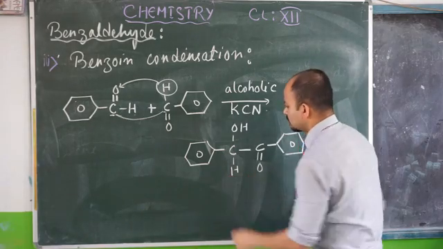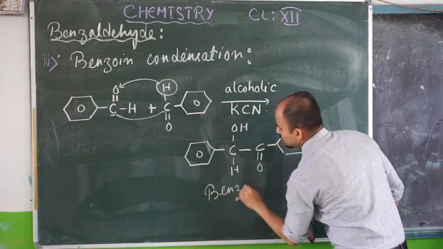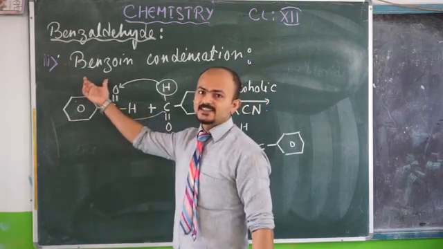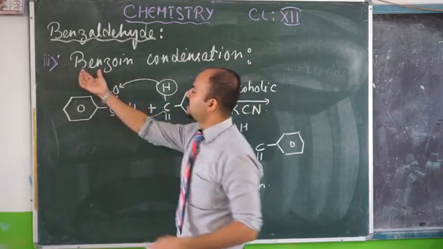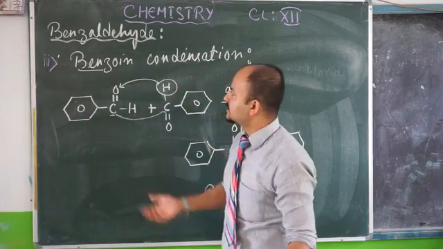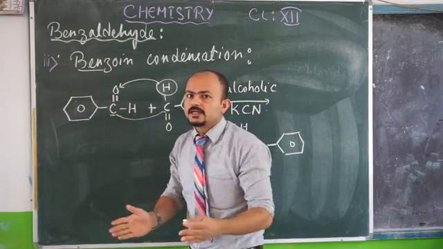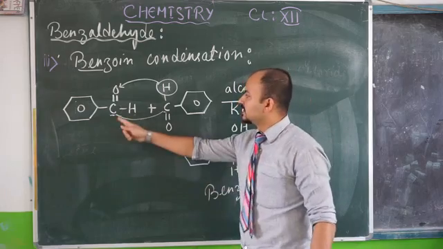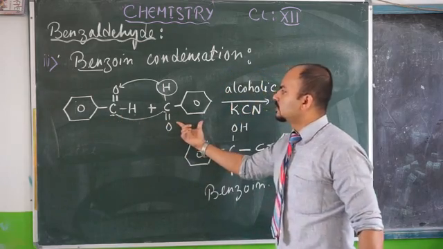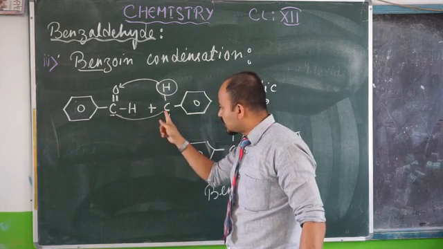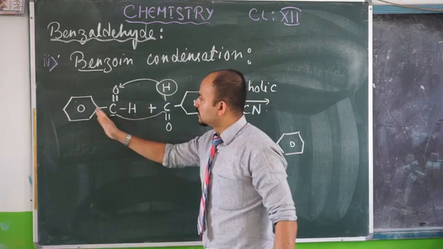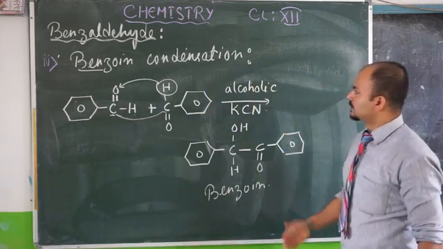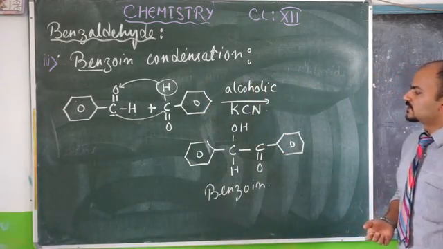Now this particular compound is known as benzoin. The name itself suggests two benzene rings joined together or condensed to give one single product. And please don't forget, the joining of these two benzaldehyde molecules takes place through this carbon and this carbon, not the ring carbons. So this is our benzoin condensation.